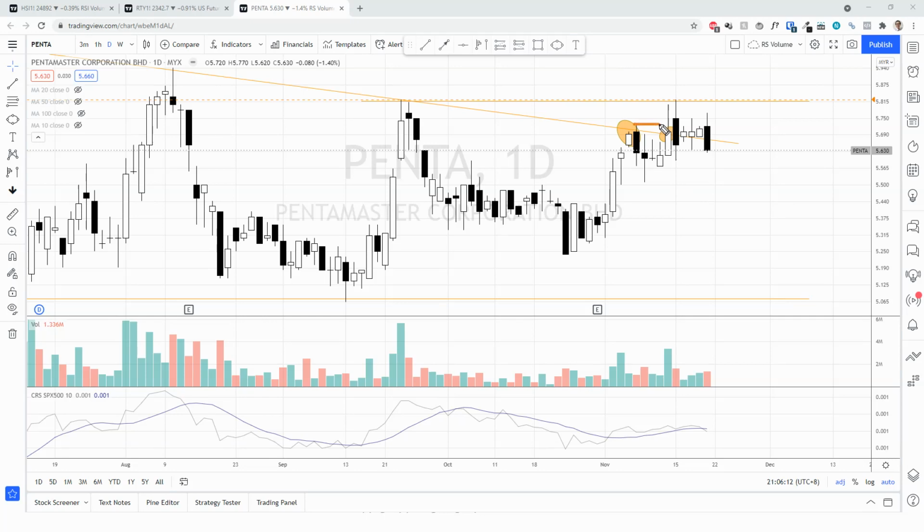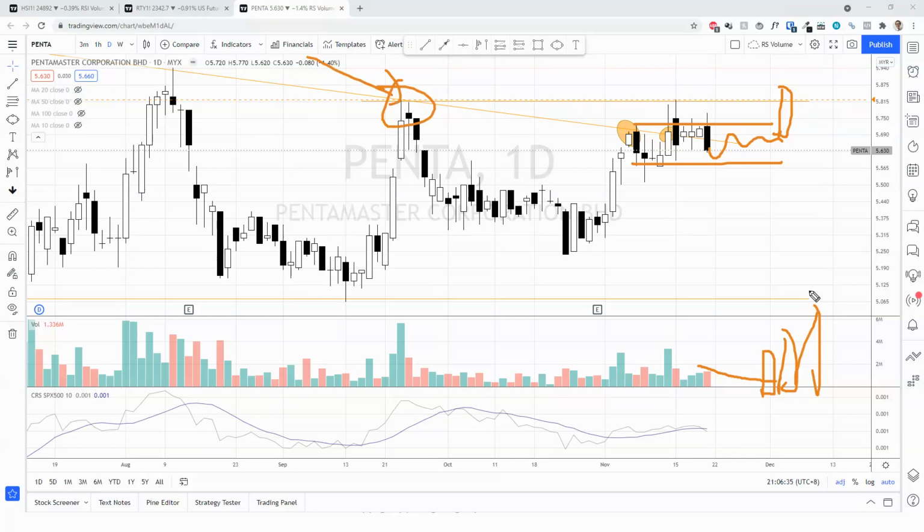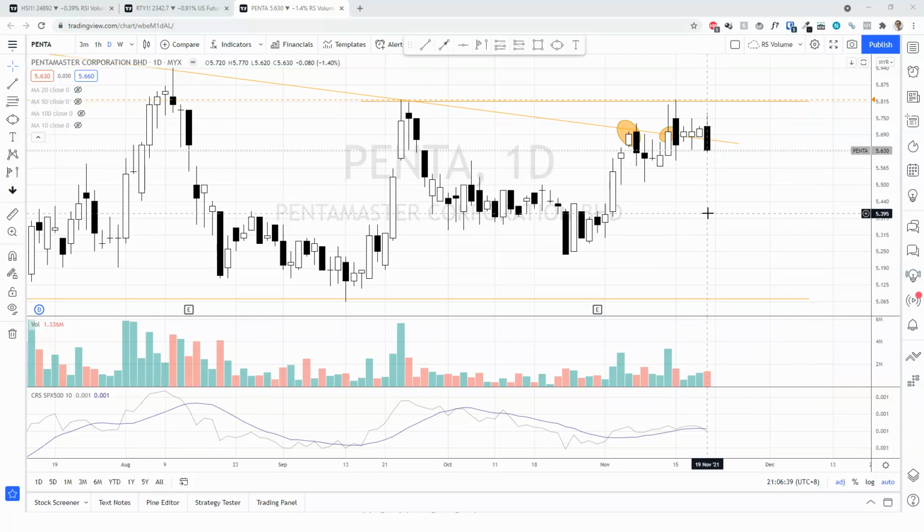So at this point, I believe it could probably spend some more time here until we get either very low supply or some aggressive demand coming in to push the price up, and then we could probably see some breakout and commit above 582, which is the swing high level here. All right, so in terms of Penta, I'm still bullish.